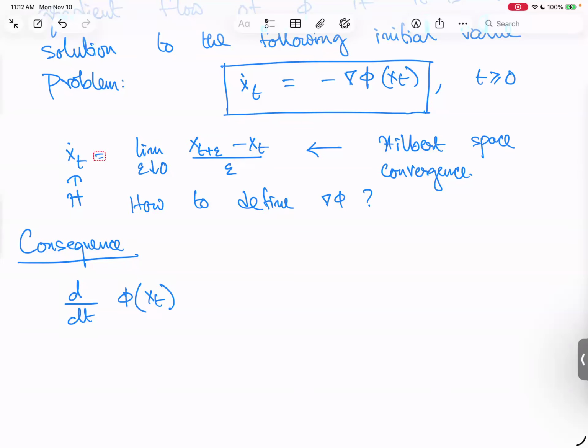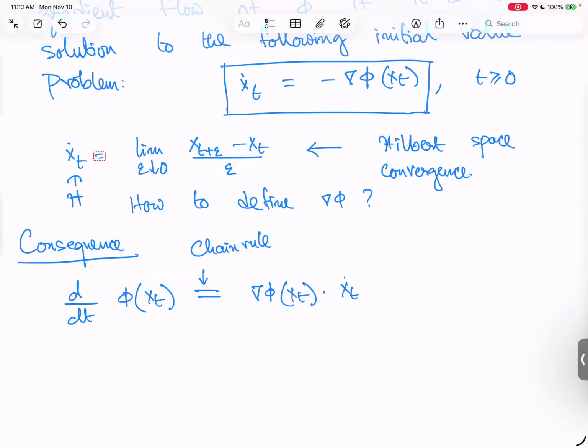So what is the derivative d/dt of phi of x_t? Well, by chain rule, this is equal to the gradient of phi of x_t, inner product with x_t dot. Now x_t dot satisfies: this is minus gradient of phi of x_t.